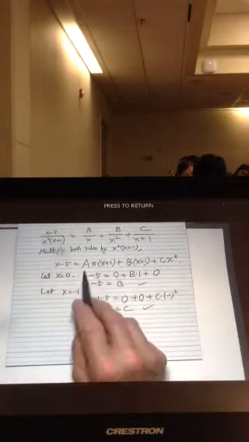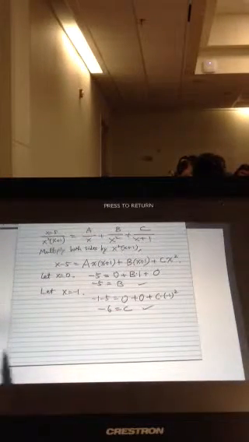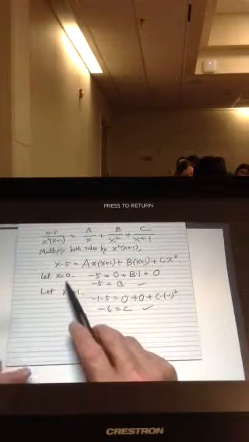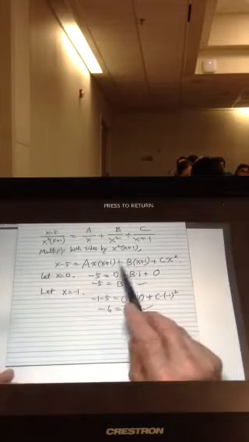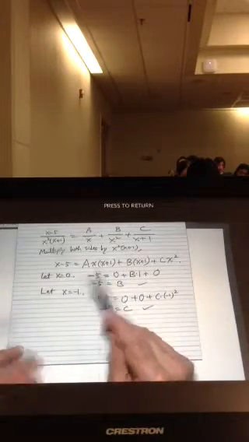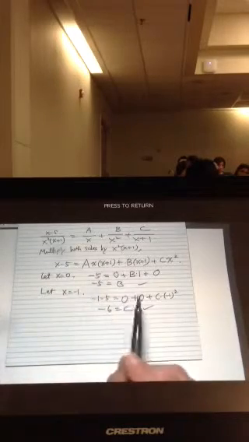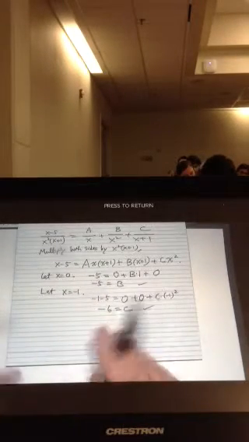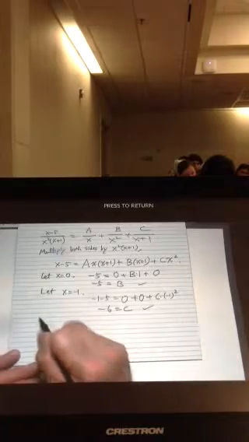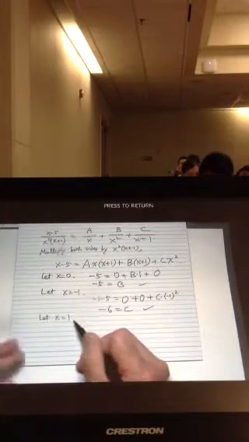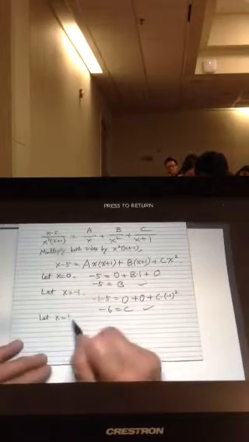All right, I want to find out what A is. Well, there's no other number that I can plug in and get rid of some terms. No other numbers. So I'm just going to use a very simple number. The simpler, the better. So how about x equal to 1? 1 is a simple number, right?